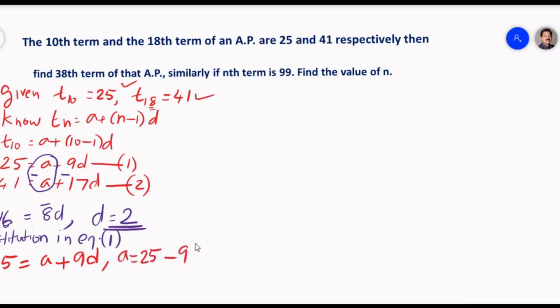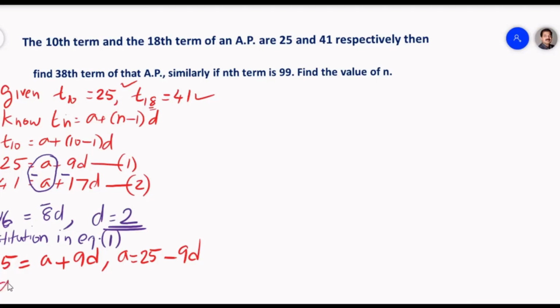Please bear with me because while making this video something got cut off. Okay, a is equal to 25 minus 9d. From there we get an equation for a. We have got an equation for a now.